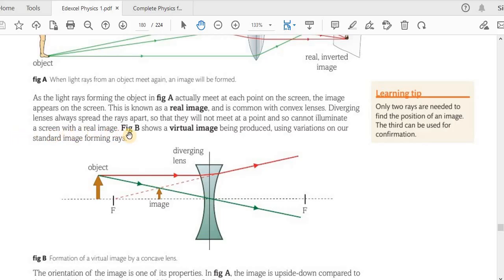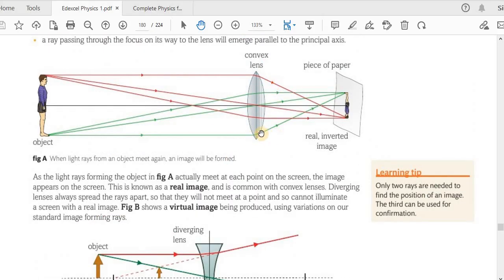By the way, I was talking about the virtual image formed by a convex lens, and I wanted to tell you about the magnifying glass. If you use a magnifying glass and look at the virtual image that is formed by the magnifying glass. Now how do you know it's a virtual image? If you use a magnifying glass to read a newspaper, you will see that those images are enlarged.